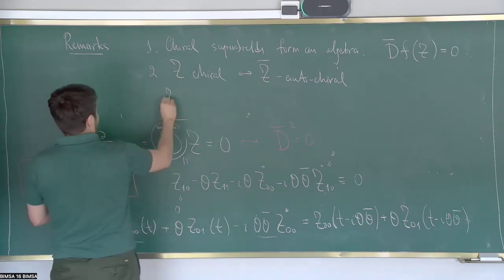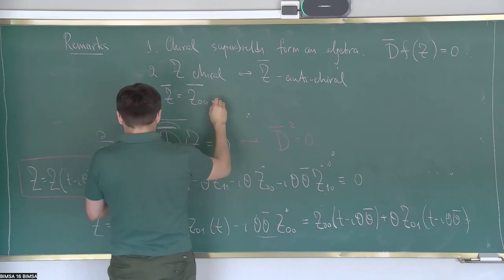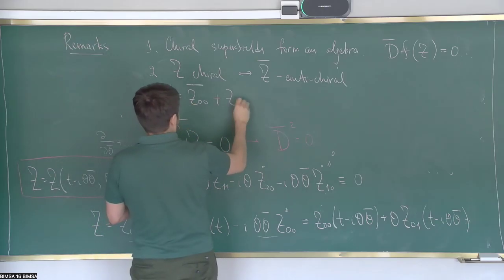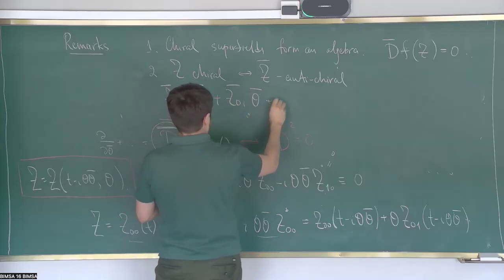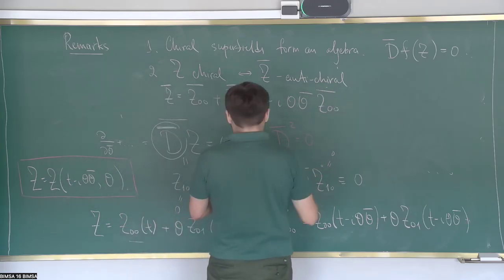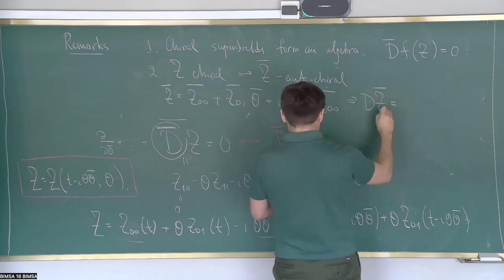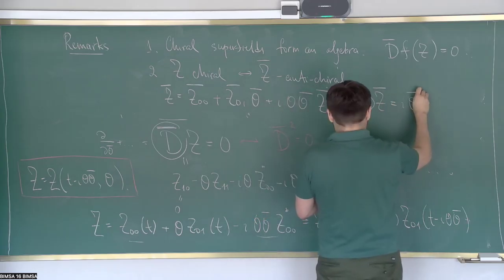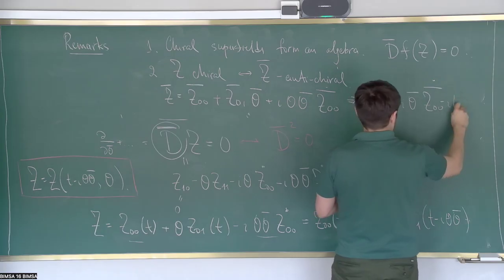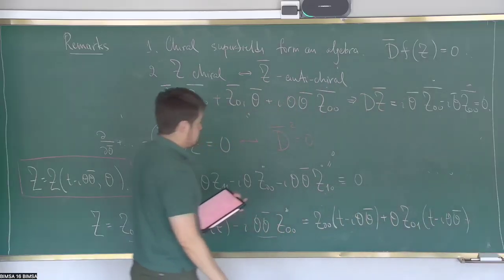If we write z bar, this is z0 bar plus theta bar z1 bar plus i theta bar z0 dot, and therefore d of z bar is i theta bar z0 bar dot minus i theta bar z0 bar dot. So this is 0. So it's annihilated by d.